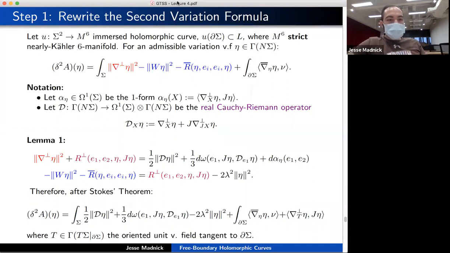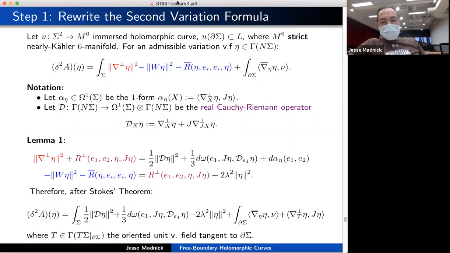And this applies to any holomorphic curve with boundary on any submanifold L. We haven't assumed Lagrangian yet. This applies to any holomorphic curve, sigma, with boundary on a fixed submanifold L in a strict Nearly-Kahler 6 manifold. So this is a second variation of area formula that's quite general and possibly has further applications.